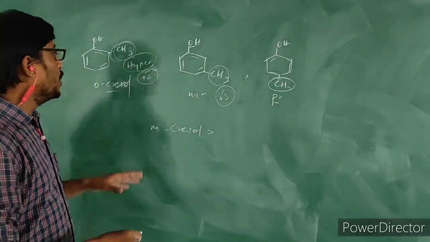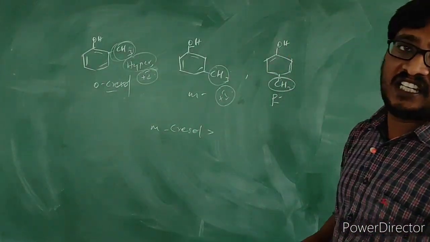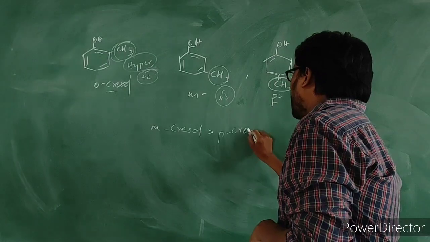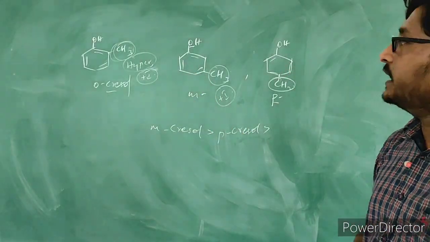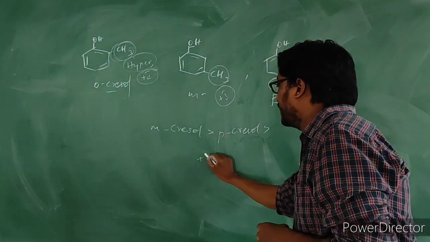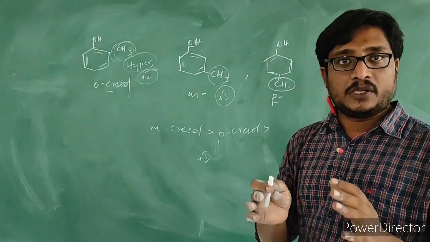Now among orthocresol and paracresol, which will be more acidic in nature? Paracresol will be more acidic. Why is paracresol more acidic in nature when compared with orthocresol? The reason is that the positive inductive effect, plus I effect, depends on the distance. As the distance increases, the positive inductive effect decreases.